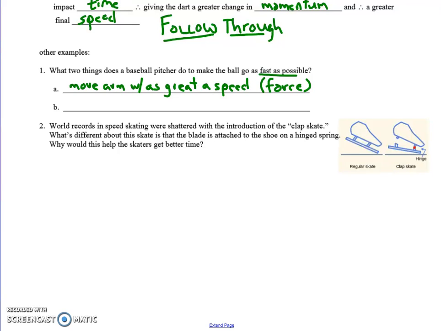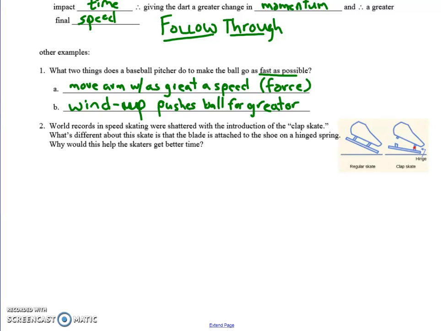And then if you ever watch a baseball player do a wind-up, they move their arm way back initially, and then they hurl it forward. In other words, they move their arm over a great distance, and that's what the wind-up is. So the wind-up pushes the ball for a greater time.